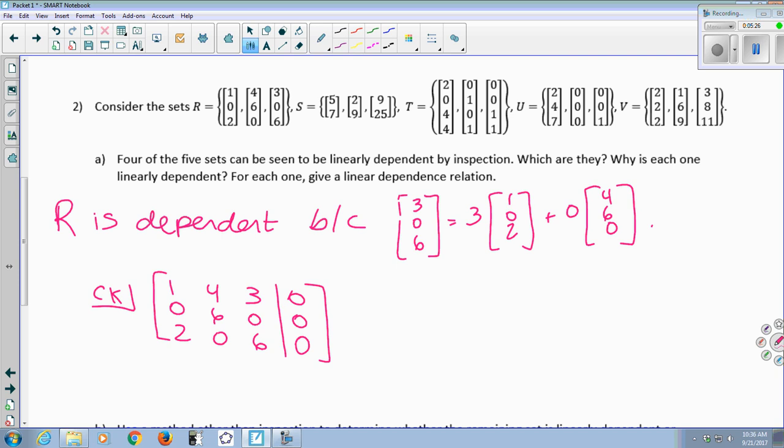This has free variables. I'm not going to actually do it right now, but it has free variables. It does not row reduce to x1 equals 0, x2 equals 0, x3 equals 0. That's the only way you would declare linear independence.